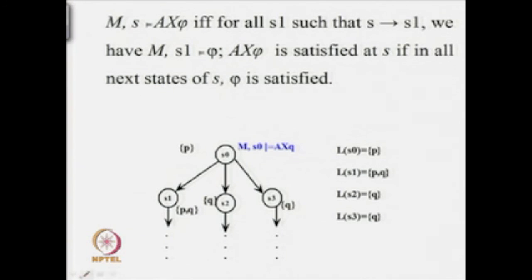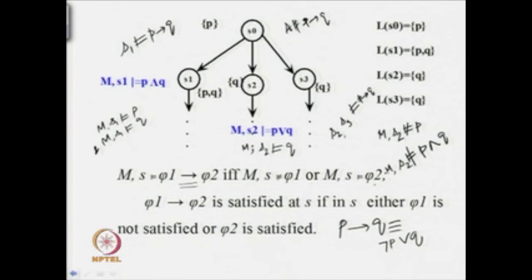Now, till now we have been discussing CTL formulas, and we have defined the syntax of our CTL formulas. Now, we are going to define the meaning of our CTL formulas and what operators we have in them.